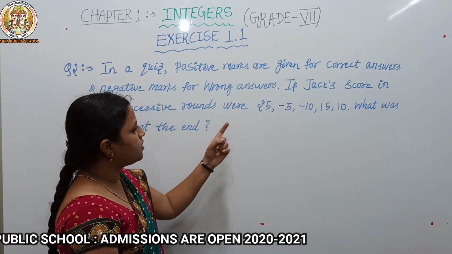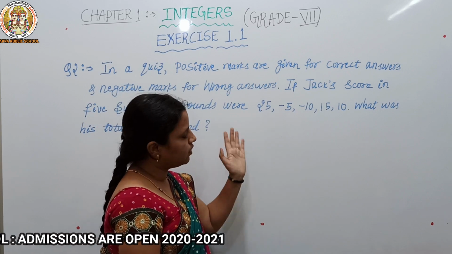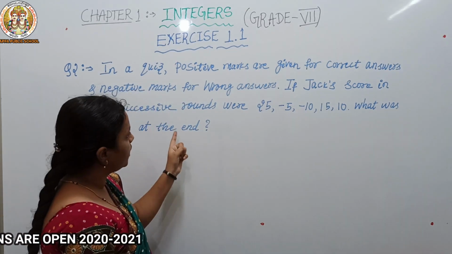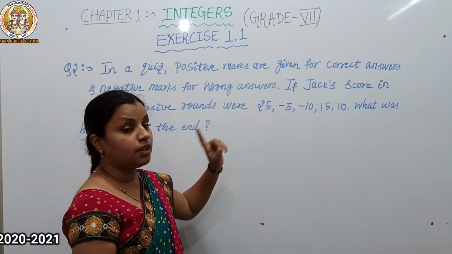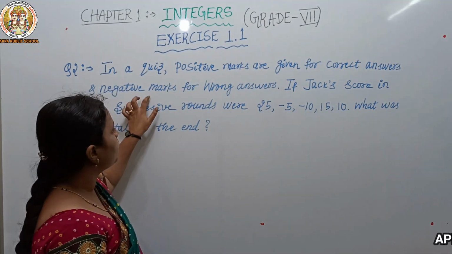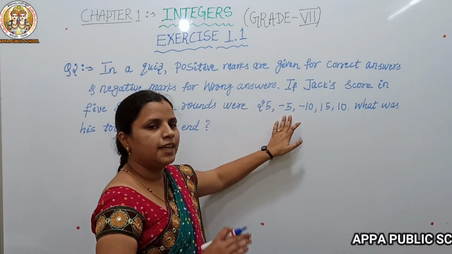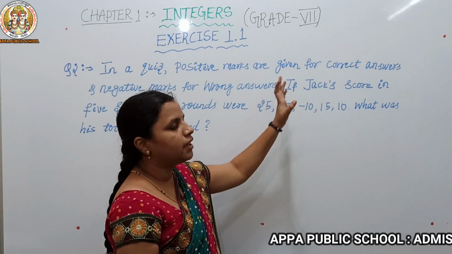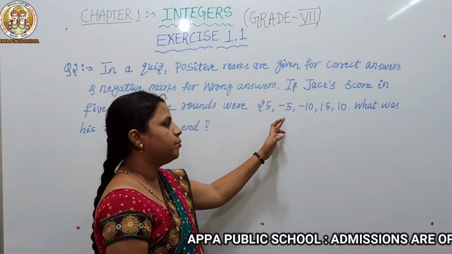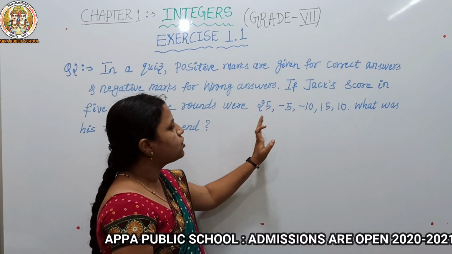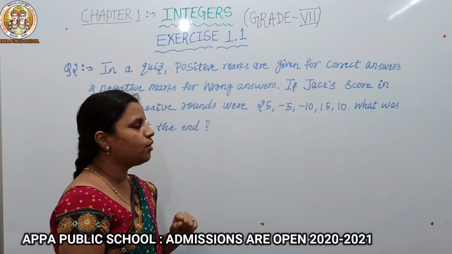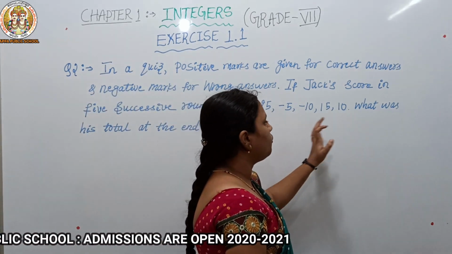And why is one positive and the other negative? As they said, positive marks for correct answer and negative marks for wrong answer. He may sometimes give the correct answer, sometimes maybe a wrong answer. With that, the score is like one is positive and other is negative. Then what do we have to do?